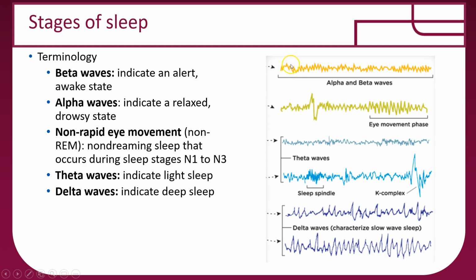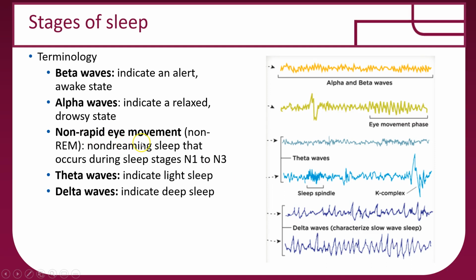We're taking our brain from this very active, very non-synchronous kind of awake brain, and over the night and over time, we're getting into these slower, larger amplitude or taller waves. Both of these are going to be characterized as delta waves, these slower, big brain waves, which means someone is deep asleep.